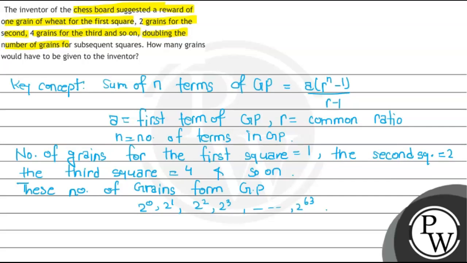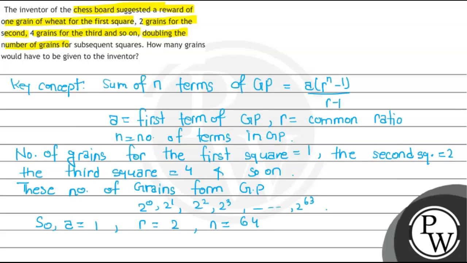So the first term of the GP, a, is equal to 1 and common ratio, that is r, is equal to 2 and n, that is number of terms in the GP, is 64.